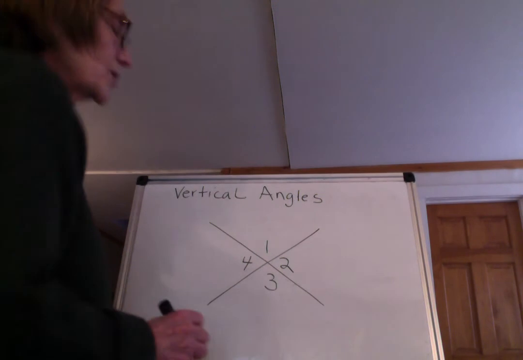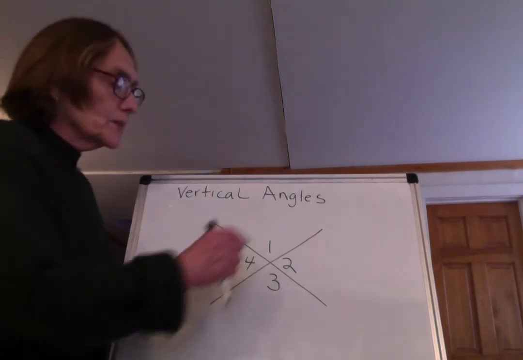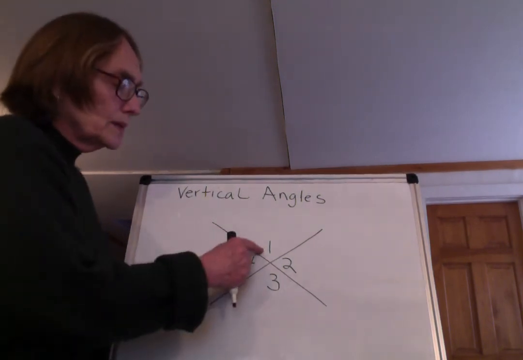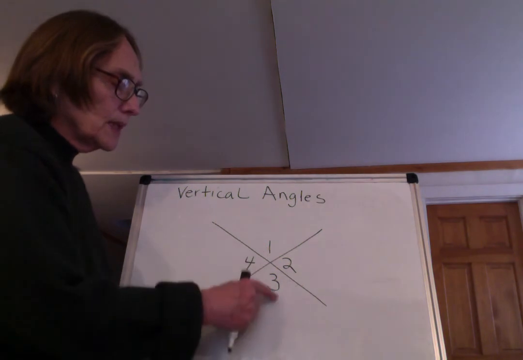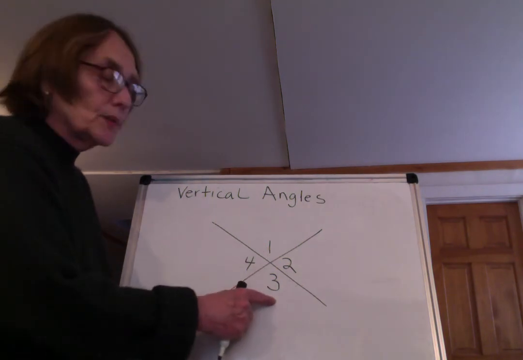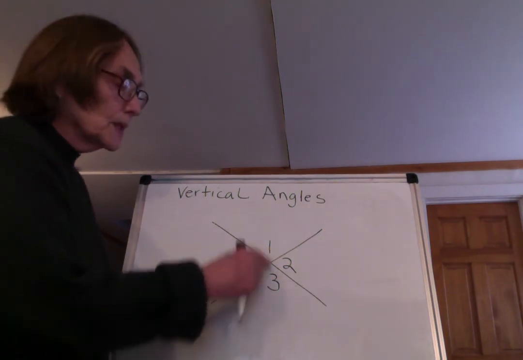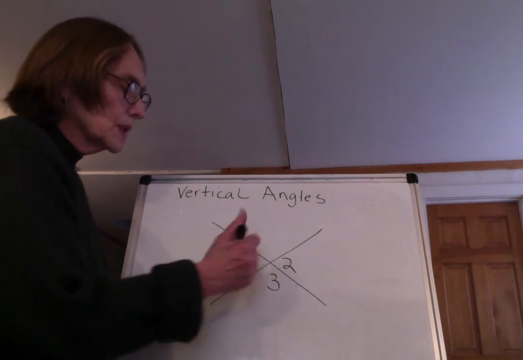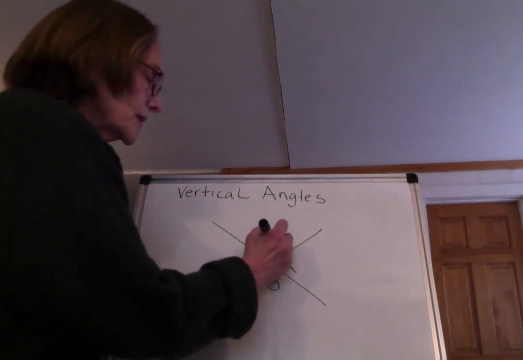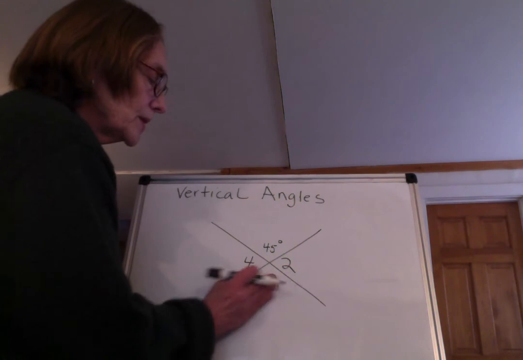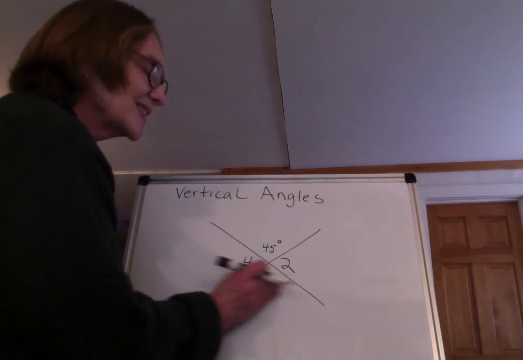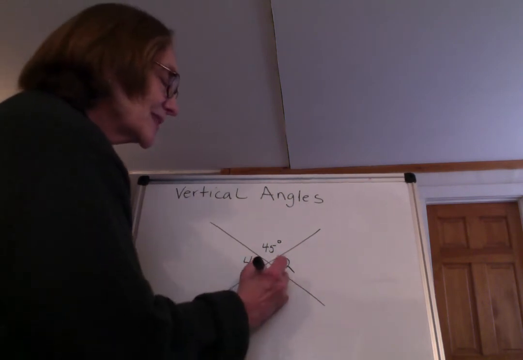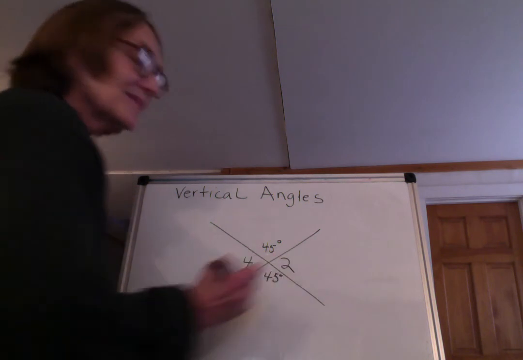I want you to know that in vertical angles, angle number 1 and angle number 3 are congruent. They are equal. So, if this is 45 degrees, and they don't tell you what this is, you know it's 45 degrees. It's equal to it. They're congruent.